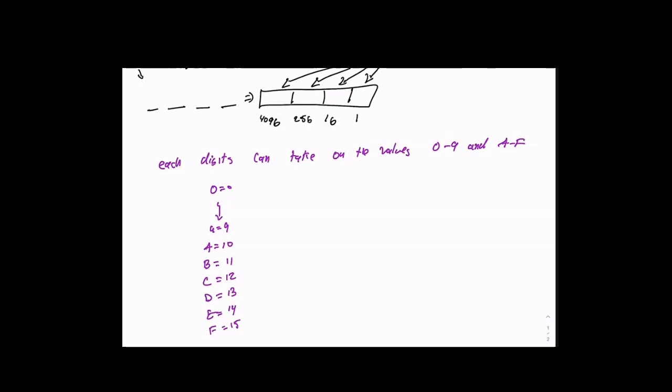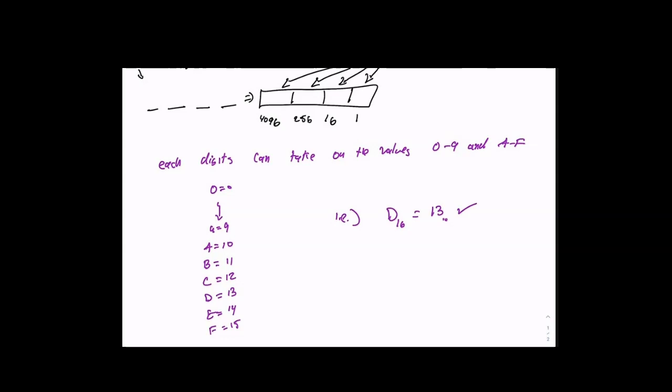So if I just gave you the letter D in hexadecimal, D represents the number 13 in base 10. That's of course if we're just using one digit.